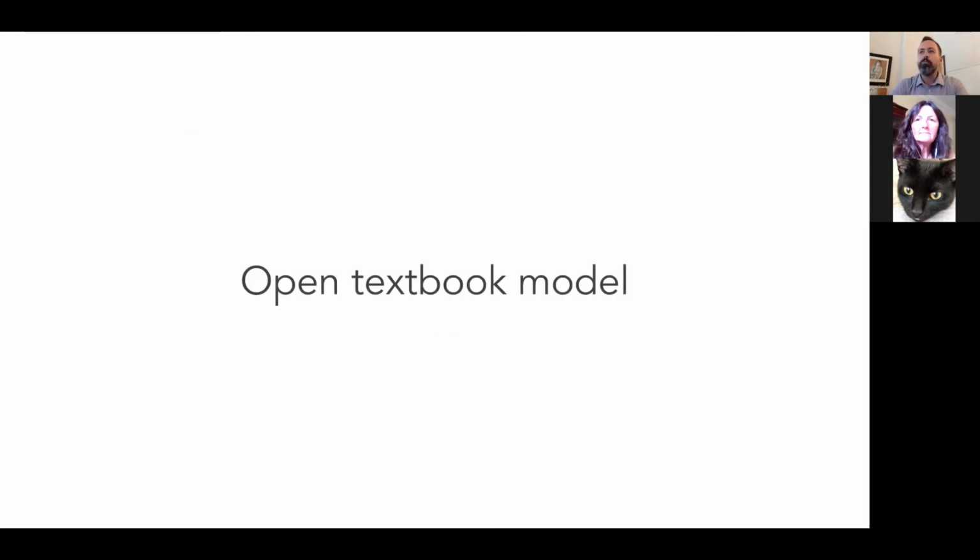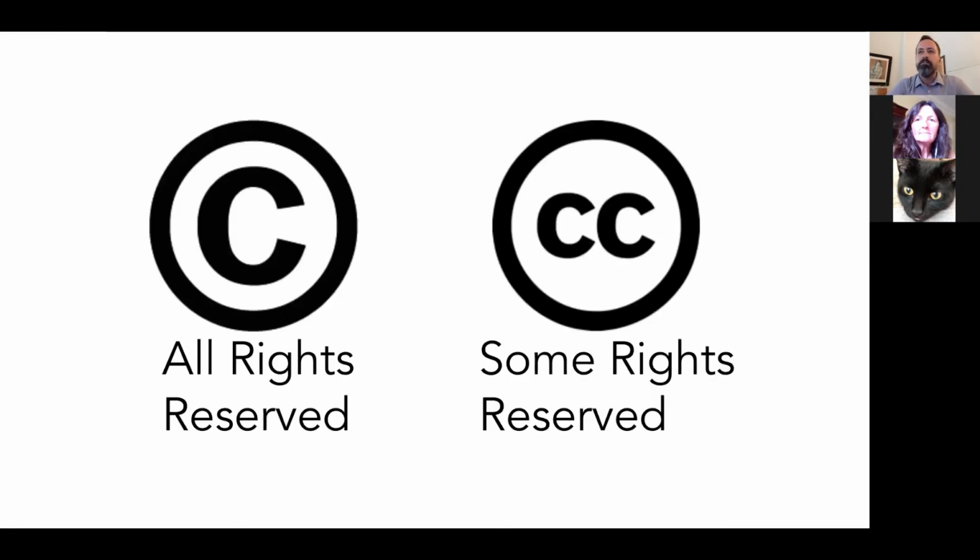And so we're promoting an open textbook model where instead of publishers holding a copyright, authors hold a Creative Commons right. So instead of all rights being reserved, so nothing in the book can be reproduced or remixed or reused in any way, the Creative Commons model says that if you publish an open textbook, you are giving other people the rights to take your material and then use it for their own purposes, however they need to.